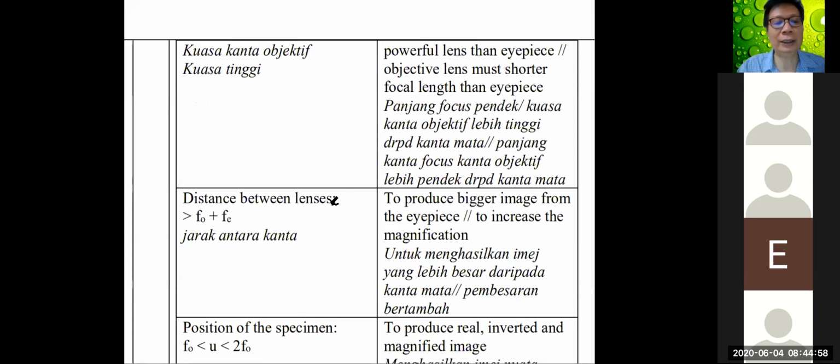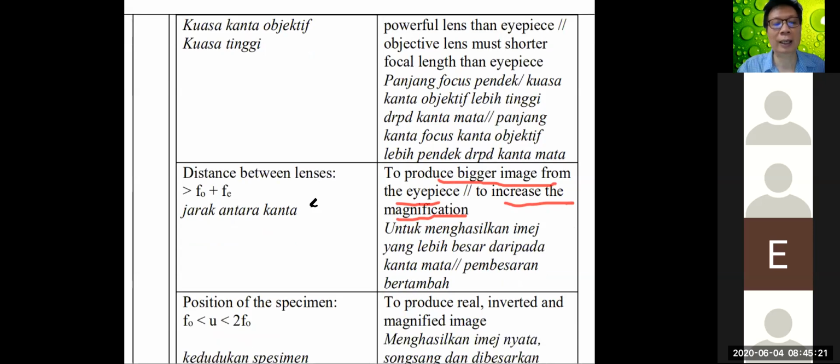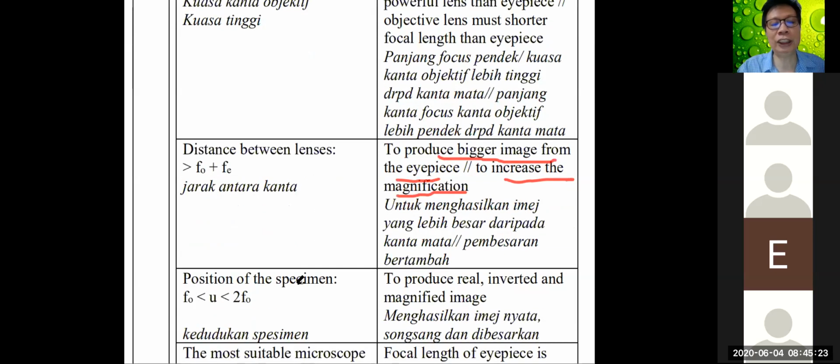And the distance between the lenses must be bigger than FO plus FE. The reason is to produce a bigger image from the eyepiece, to make the final image larger, to increase the magnification. And the last one is position of a specimen.